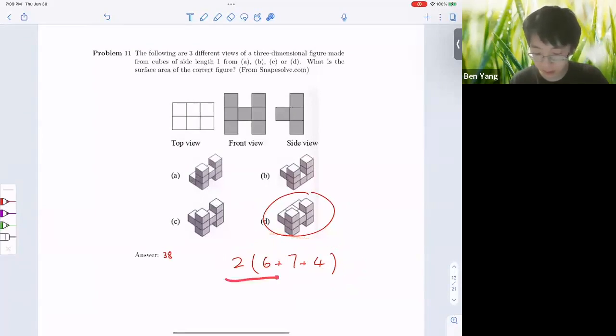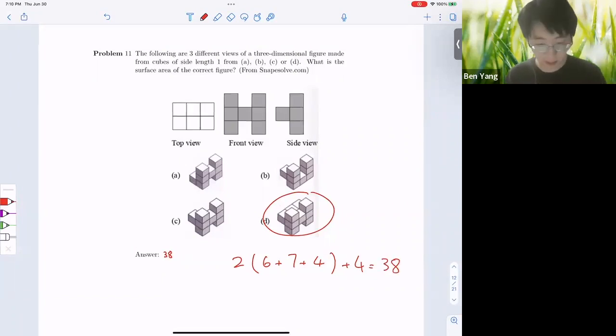But that's not the final answer, because there are 4 faces that cannot be seen from any of top, bottom, left, right, or front and back. For example, that face cannot be seen, and there are 4 faces like that. So we need to add 4 to that. And yeah, the final answer is 38.